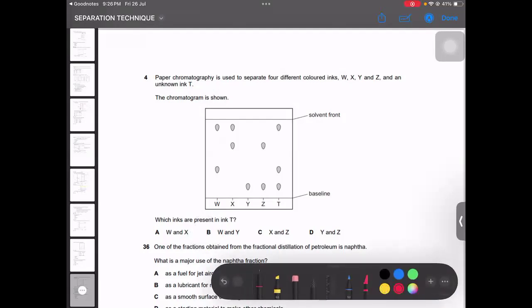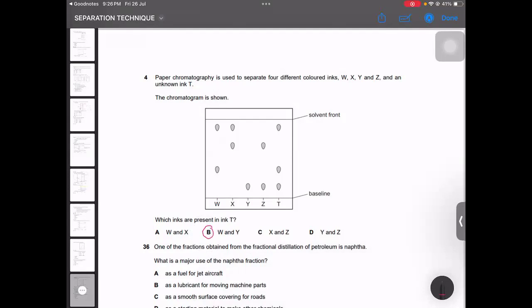Okay. Yes, the answer is correct. We'll draw the line. Exactly. This is T. T is matching with which inks are present in ink T. So T is this, okay? Or you can also say that in T, like this, okay?